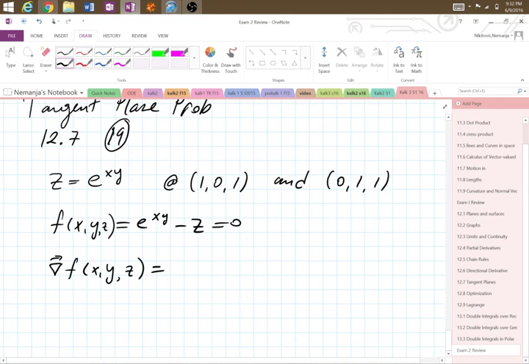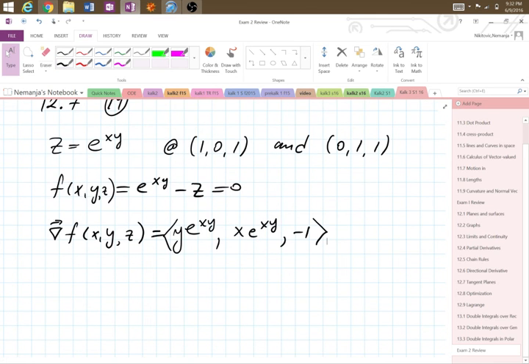Partial derivative with respect to x is e to the xy times y. Partial derivative with respect to y is x e to the xy, and then negative 1 for z. Now to find our vector, if you remember for planes, it was vector v, when you plug in the numbers.